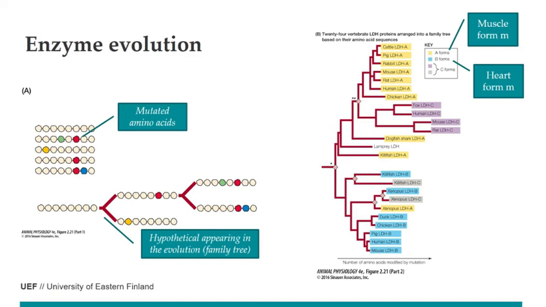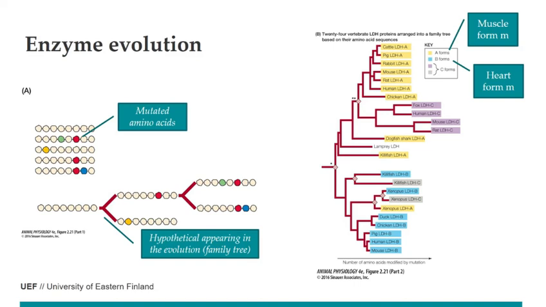And one interesting thing is that actually in Xenopus, so in clawed frog, there is a yellow dot there in the center of these blue heart types. So Xenopus muscle type is more like the heart type. And that's making very interesting these molecular tools, for example, these sequence comparisons.